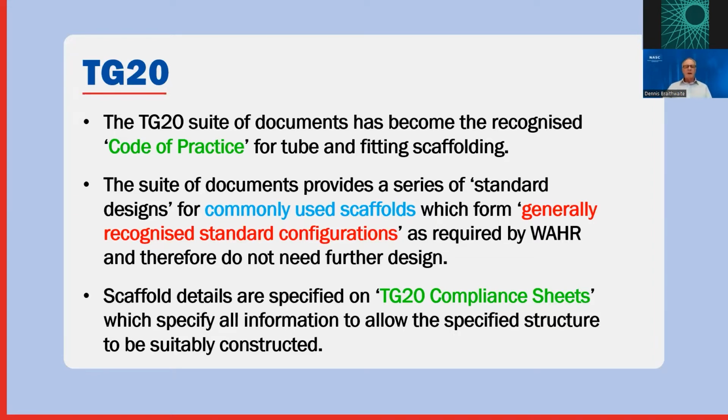And this forms the generally recognised standard configuration as required by the regulations. So scaffold details are specified on TG20 compliance sheets, which specify all the information to enable the scaffold contractor to erect the specified structure properly.